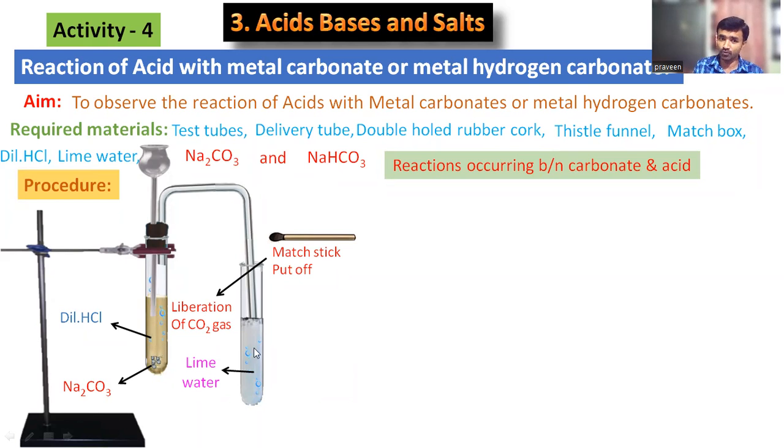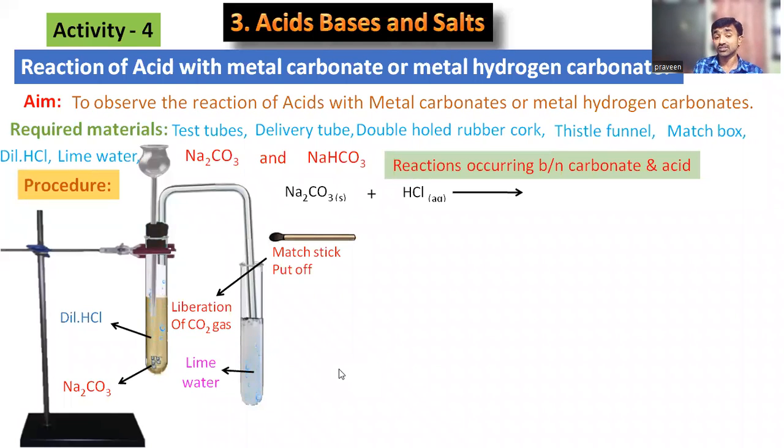So for the first test tube, I am writing the reaction between metal carbonate and the HCl, right? So these are the reactants. What I observed, three things. One liquid with a different color separated, and a transparent liquid floating on it.